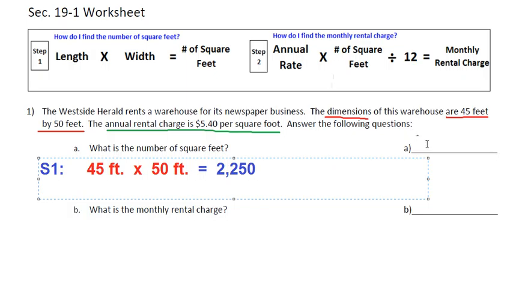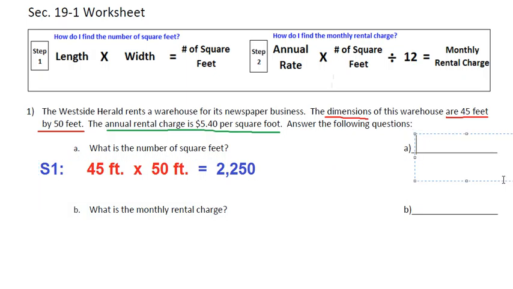And what that means is that the space this company, the West Side Herald, is looking at is a rental space of 2,250 square feet. This is not money we're dealing with. In letter A, step 1, we're dealing with square feet.